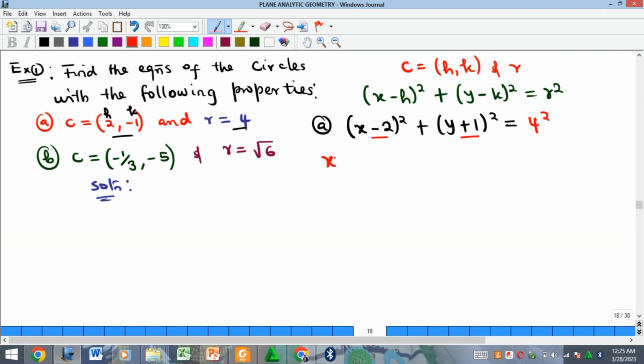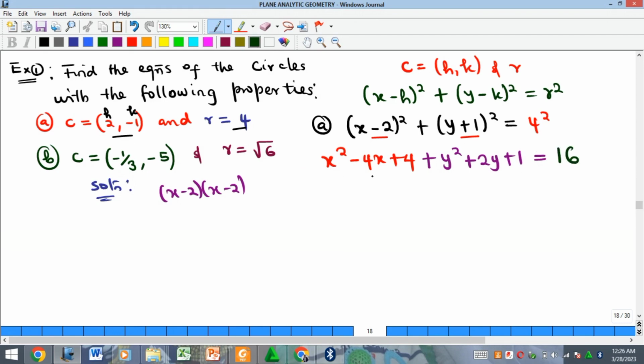By the time we expand this, we'll have x squared minus 4x plus 4. Please ensure that you convince yourself that that is true by expanding (x minus 2) by (x minus 2). And then for the other bracket, we are going to have y squared plus 2y plus 1, and everything is equal to the right hand side, which is 16.